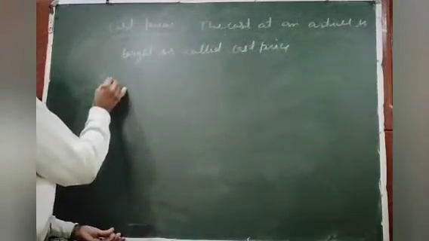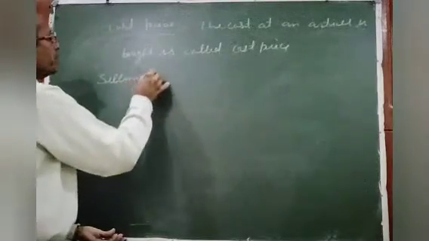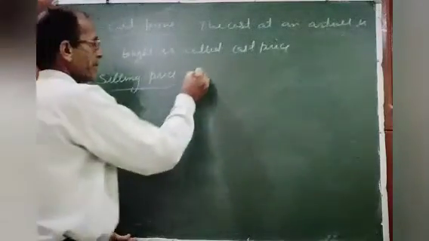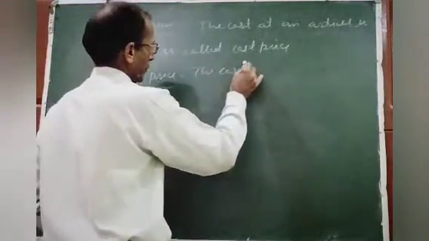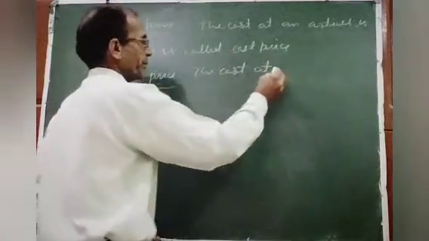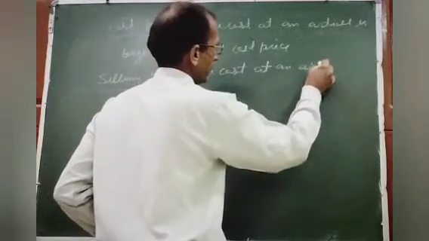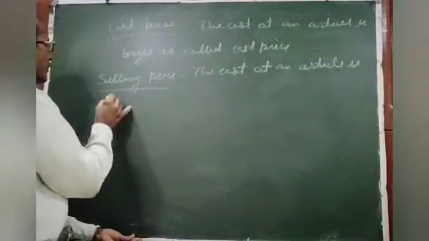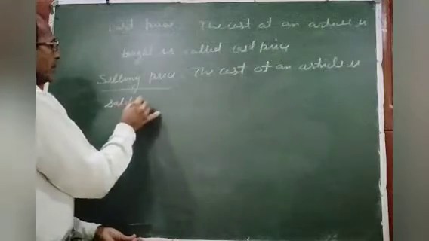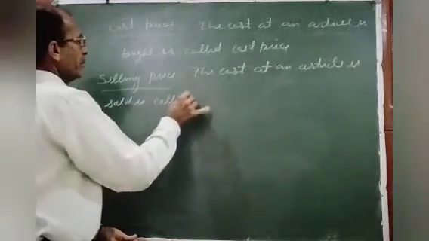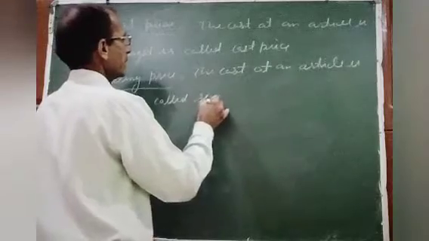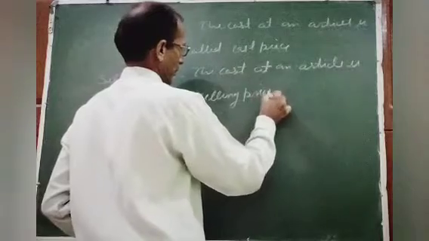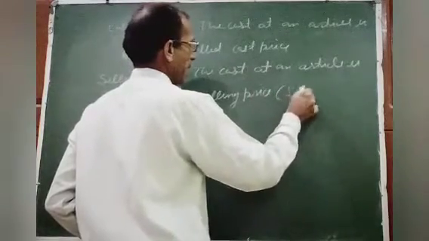Selling price: the cost at which an article is sold is called selling price, or SP.